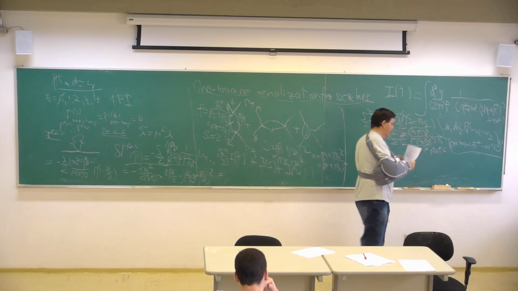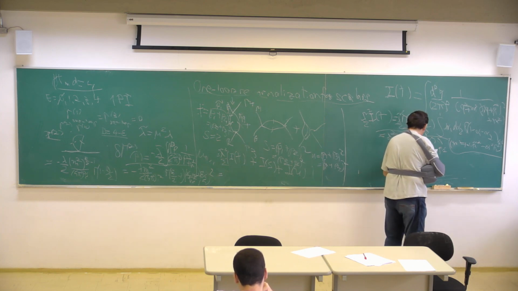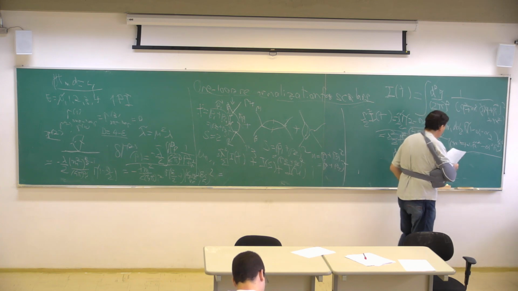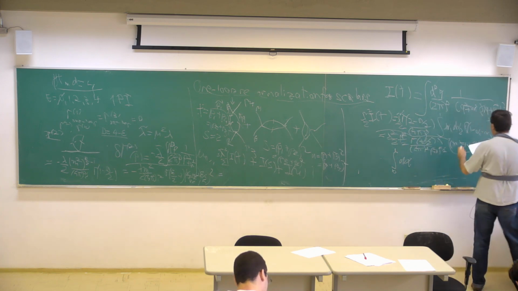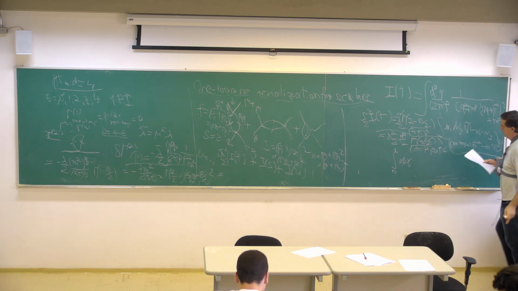Sorry about this, it's hard to write this nicely. I'm trying. So I have delta of 1 minus alpha 2. Let's do the integral over alpha 2 trivially, since alpha 2 does not appear, and then redefine alpha 1 as alpha.